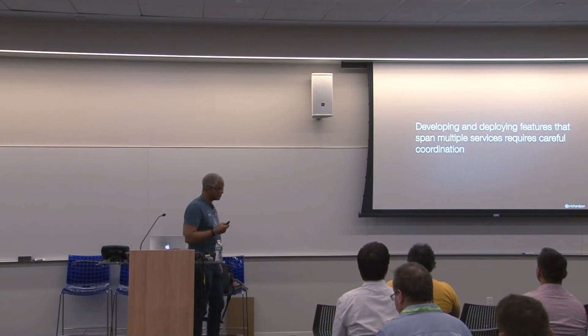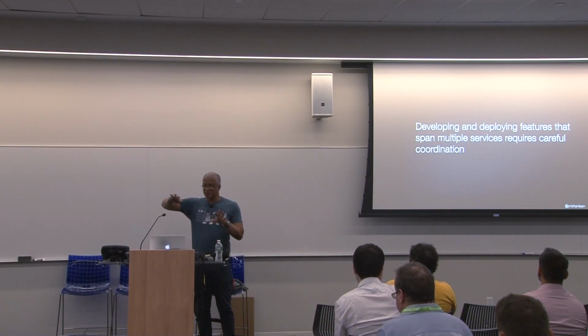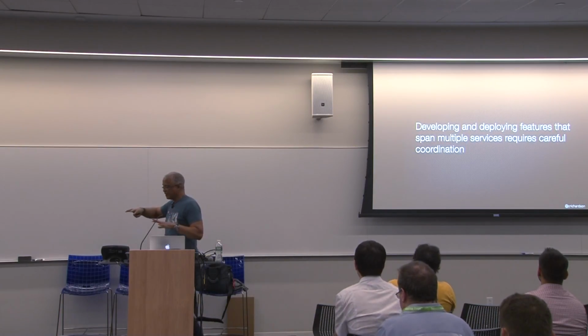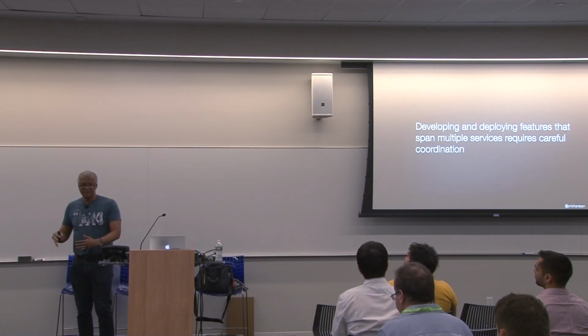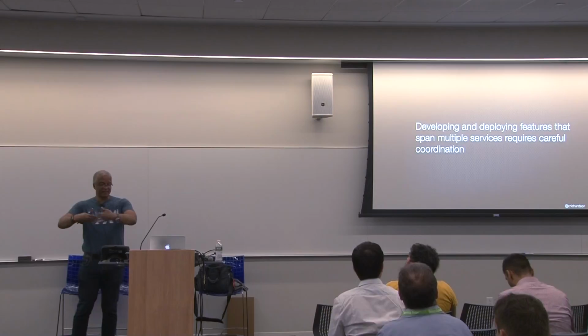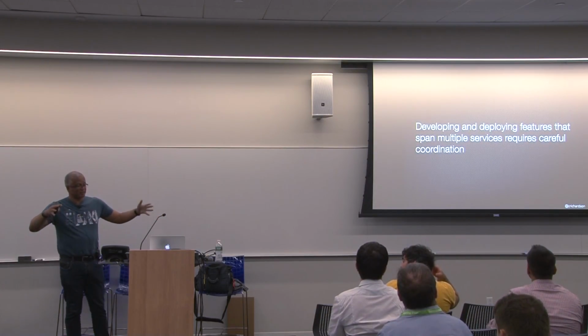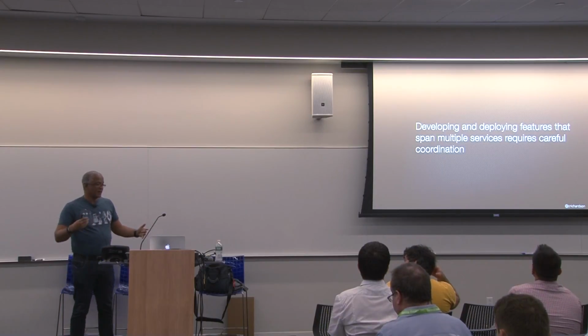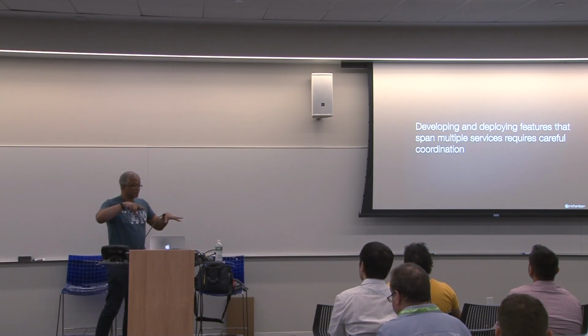Another challenge is, before, if you had a feature that spanned different modules in your monolith, that was okay. You just made the relevant code changes, committed them, tested it, deployed them, and that was an atomic step. Whereas now those changes could span multiple services. And that's a lot of planning and coordination between multiple teams.